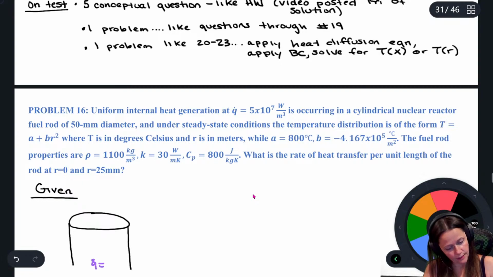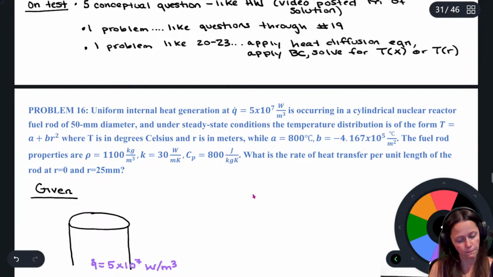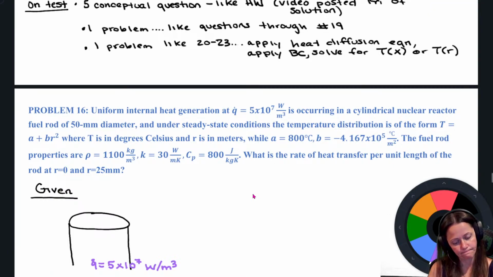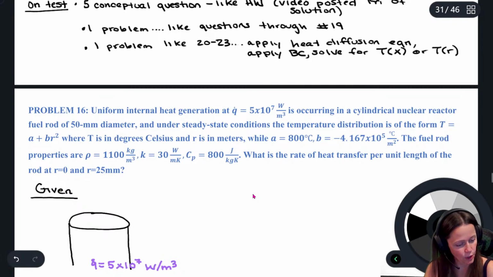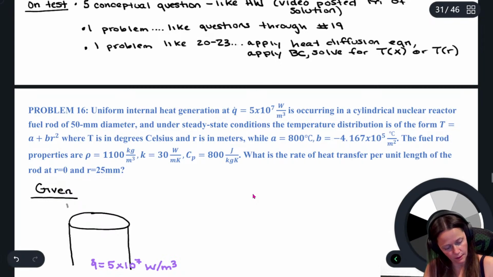So Q dot is 5 times 10 to the 7th watts per meter cubed. All right. And the diameter, so my diameter is 50 millimeters.